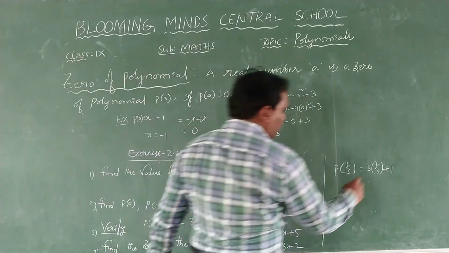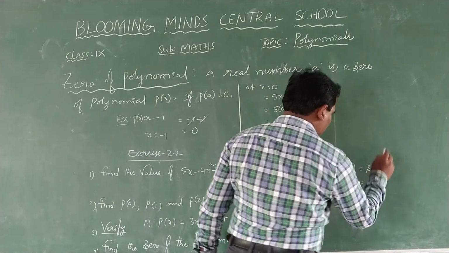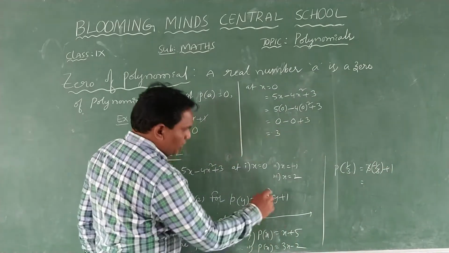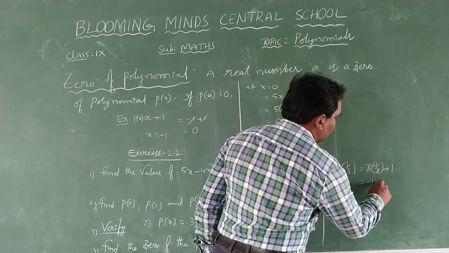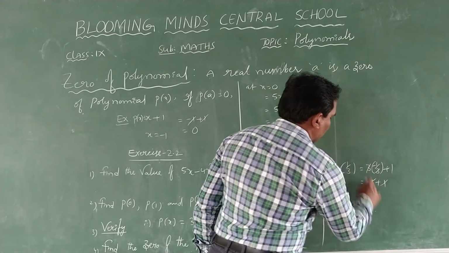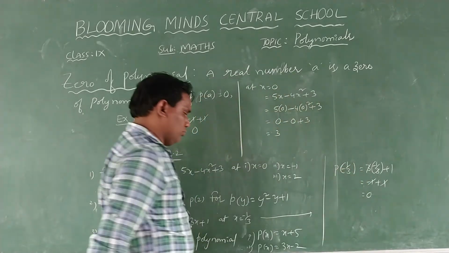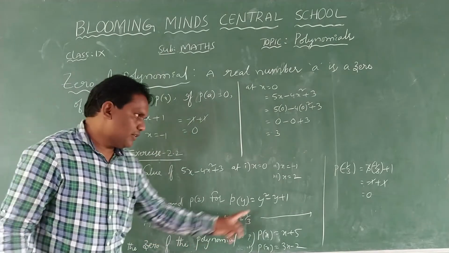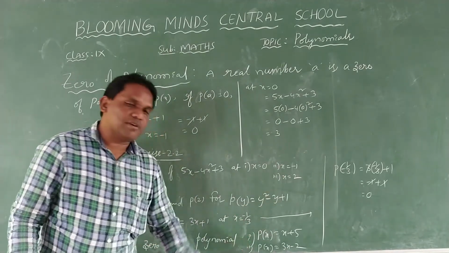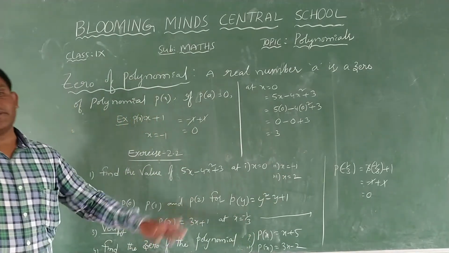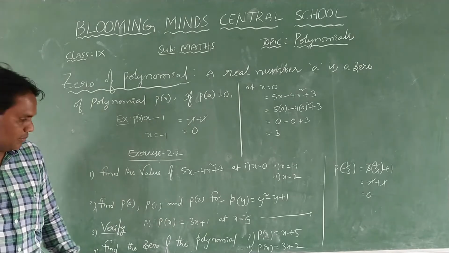Then the 3 cancels. This is minus 1, I think. Then minus 1 plus 1 is 0. So this is verified. x is equal to minus 1 by 3 is a 0 of p of x is equal to 3x plus 1.